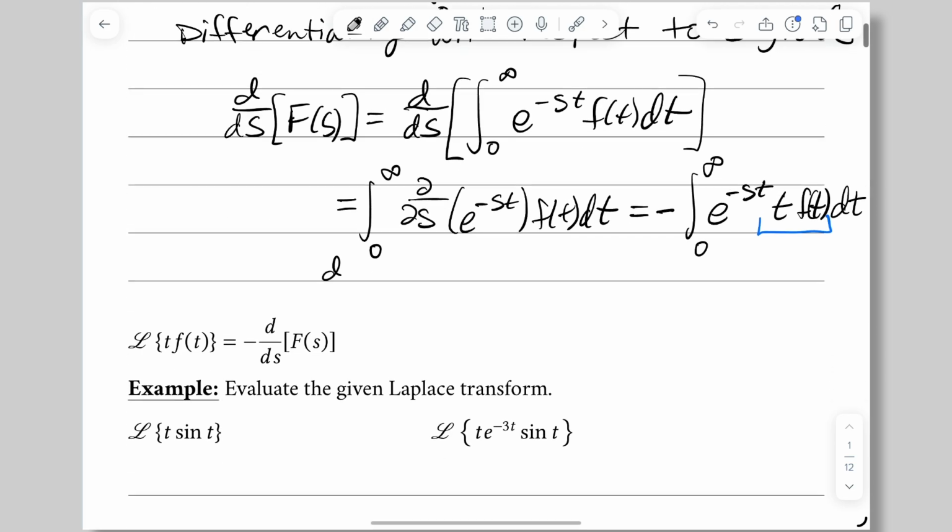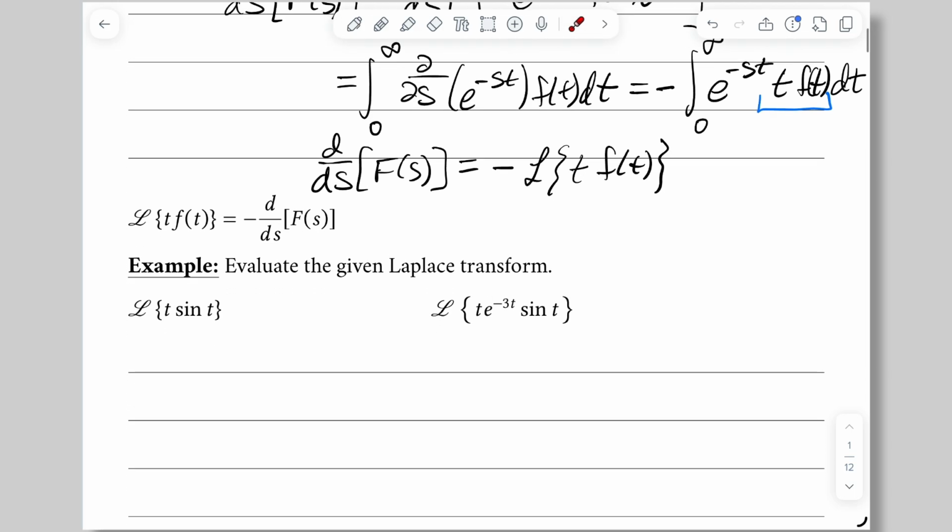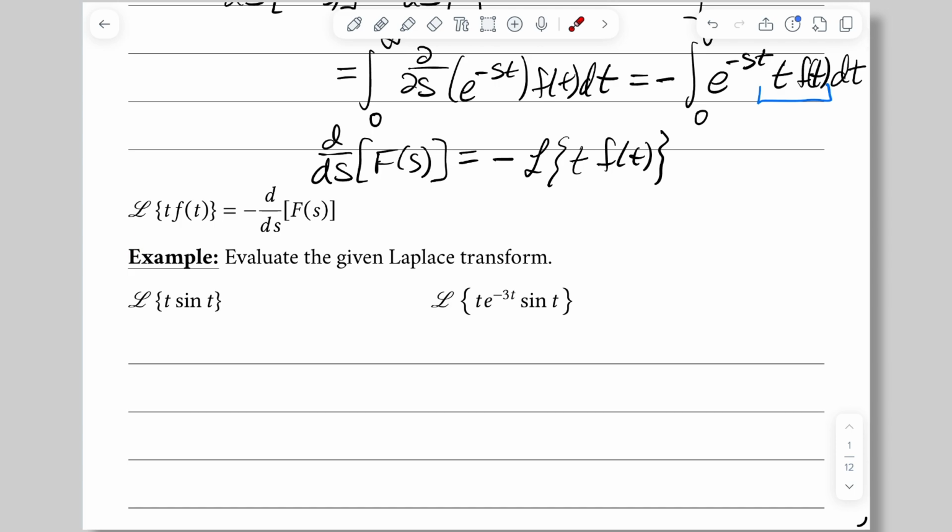So the derivative with respect to s of F of s is equal to negative Laplace transform of t times f of t, giving us the formula that you no doubt have seen. The Laplace transform of t f of t is the negative derivative with respect to s of F of s.